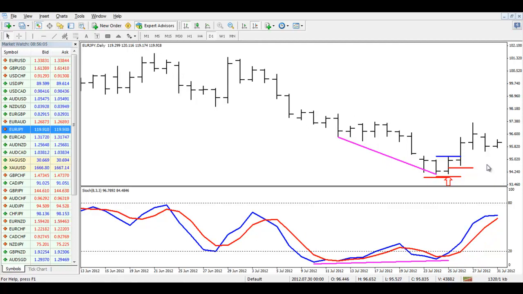So bearing in mind, we have buyer bar, seller bar, buyer bar. Well, the most recent 2 buyer bars are obviously this bar here, and also this bar here. So our stop loss now moves underneath here, because this is the lowest low of the last 2 buyer bars.